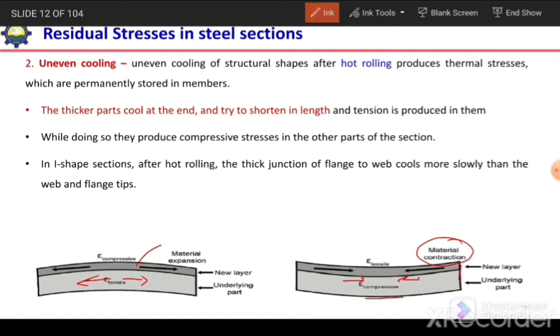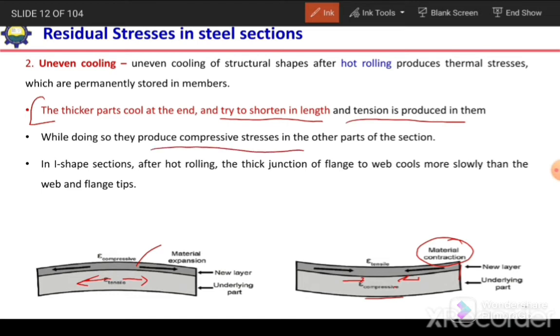So this is the same as written over here. The thicker part cools at the end and tries to shorten. The portion which tries to shorten will undergo tension, while the other portion adjacent to it will undergo compressive stresses.